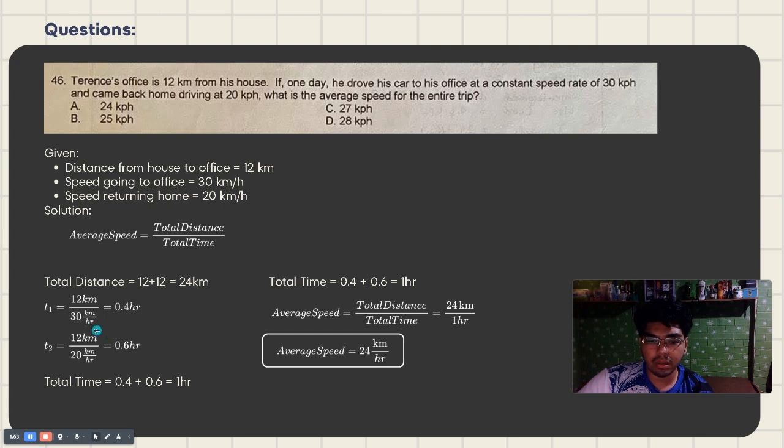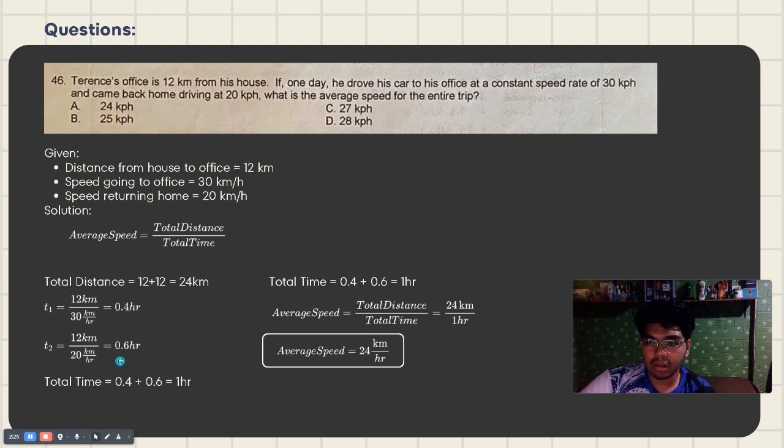For the time one, we will divide 12 kilometers by 30 kilometers per hour. Cancel the kilometers, since it becomes a reciprocal, hours per kilometer. So the answer is 0.4 hours.